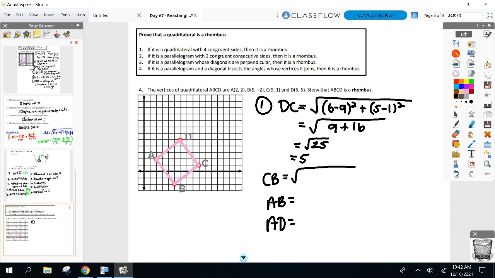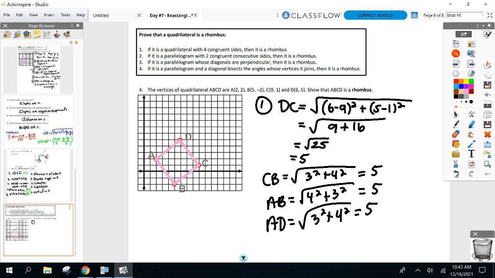We getting 25s? Square root of 25 equal to 5? We getting 5, 5, 5? Okay, keep going.